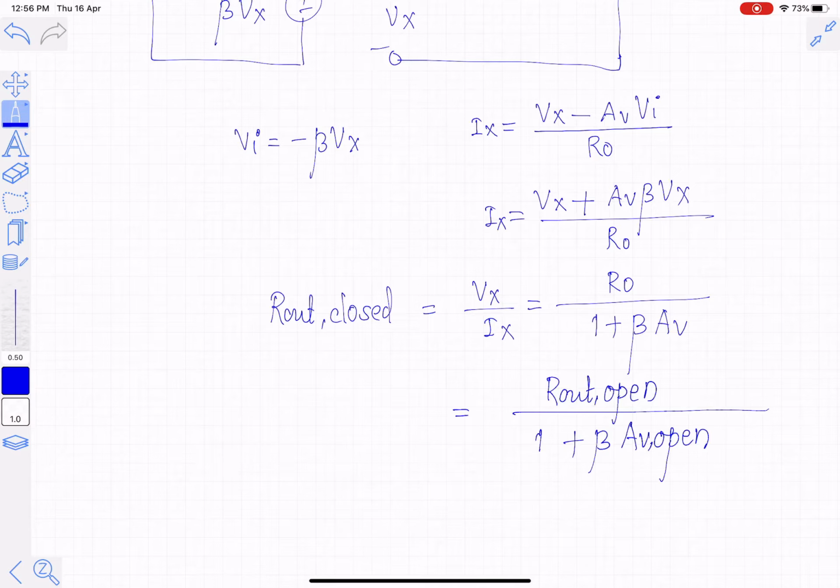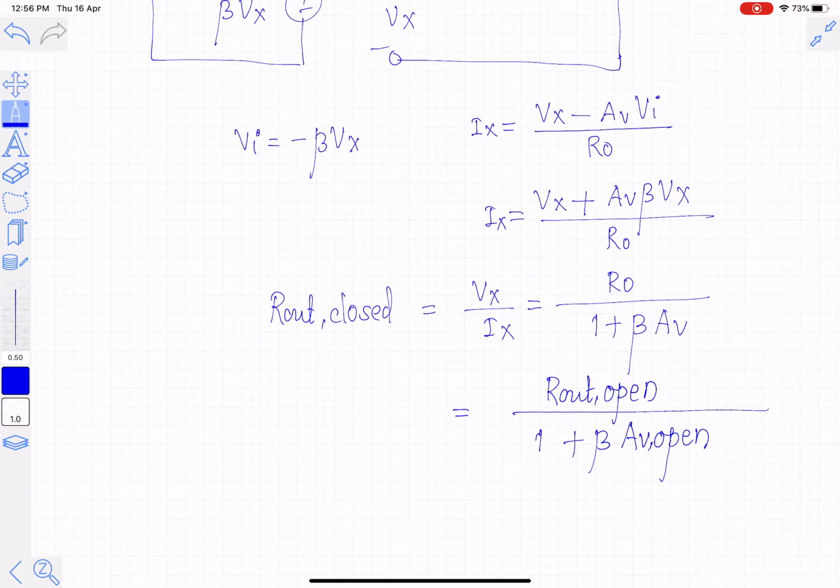So the output impedance has reduced by a factor 1 plus loop gain. Ideally, the output impedance of the voltage amplifier should be 0. If it is not 0, feedback can be used to improve it, that is to decrease its output impedance. Feedback will help in reducing the output impedance of the voltage amplifier.